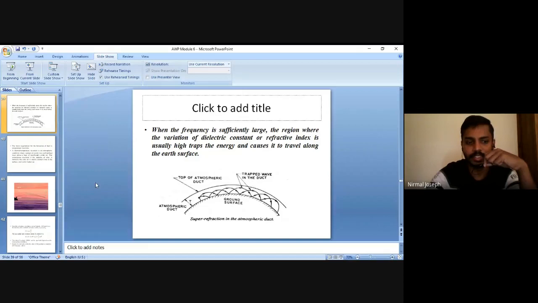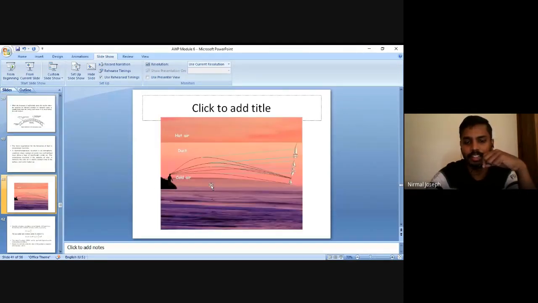Okay, so that is an example shown here. Sometimes people have sights like this. They used to see a ship coming through the sky. That is actually happening due to this ducting phenomenon. And in deserts also they see these things, like they will see a pond or a pool of water in the sky.